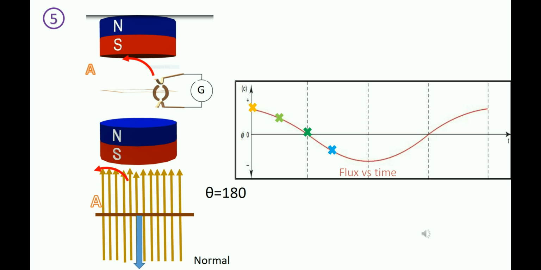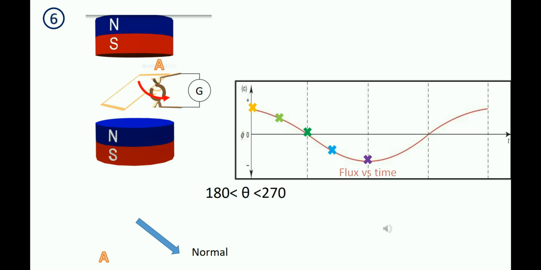When theta is 180 degrees, it is similar to situation 1 as the coil is also perpendicular to the magnetic field lines. Therefore, the magnitude of magnetic flux is the same. However, the value of magnetic flux is minimum because the magnetic flux is now negative due to the substitution of theta equals 180 into the formula. Next, theta increases from 180 to 270 degrees.